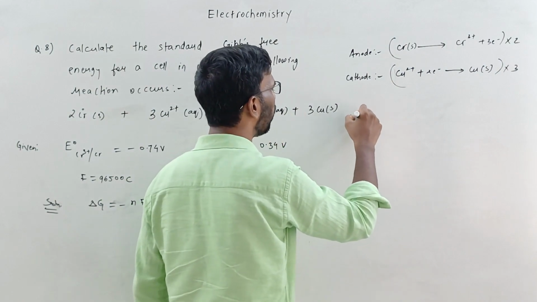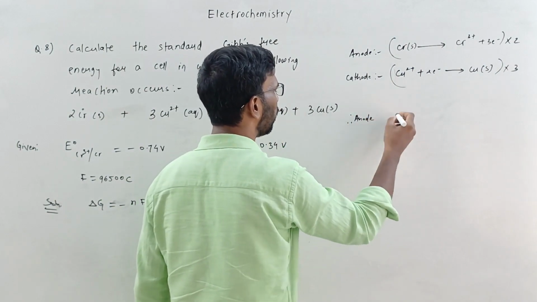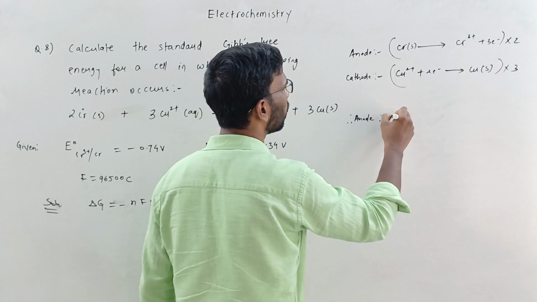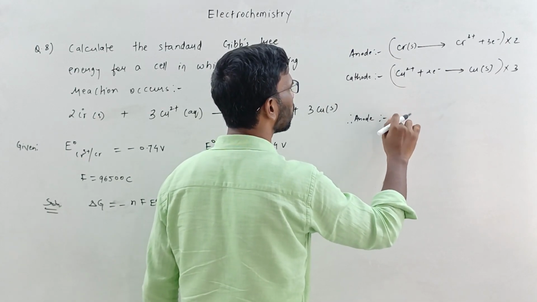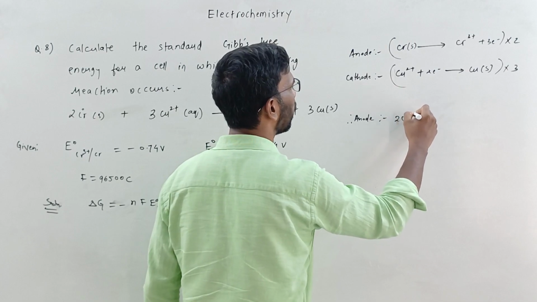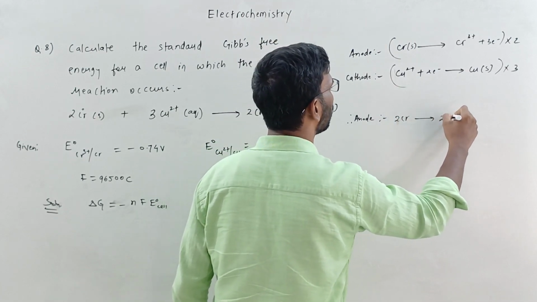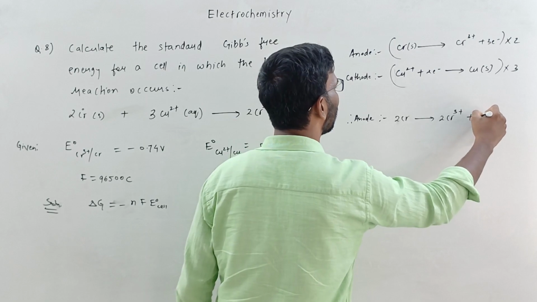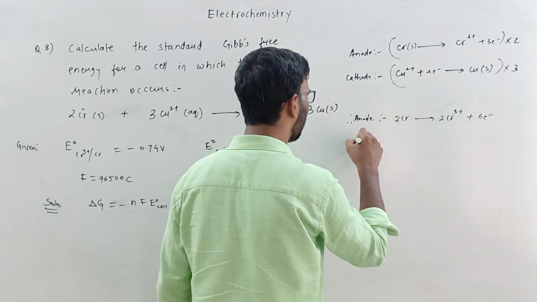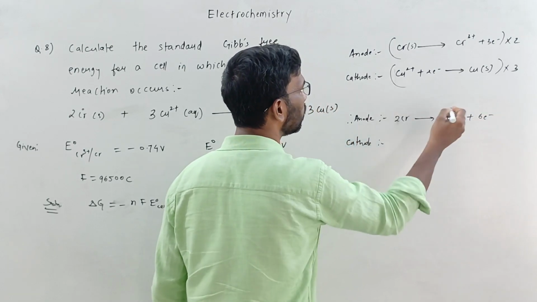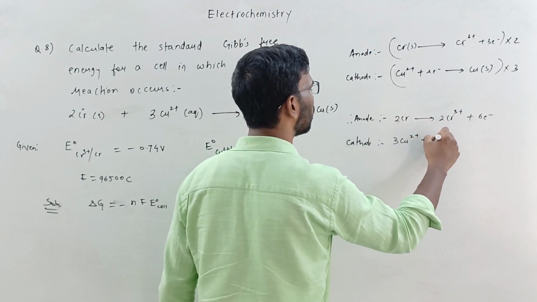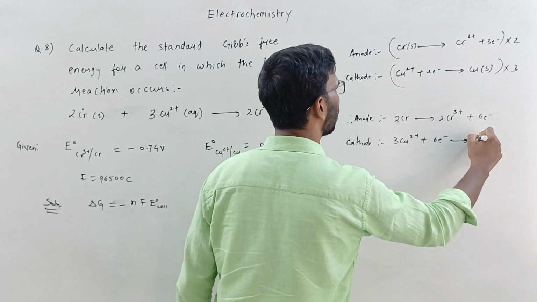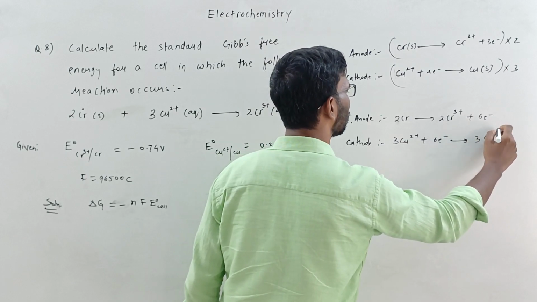So the anode half reaction will be 2 Cr going to 2 Cr3+ and 6 electrons. And the cathode half reaction is 3 Cu2+ plus 6 electrons going to 3 Cu.